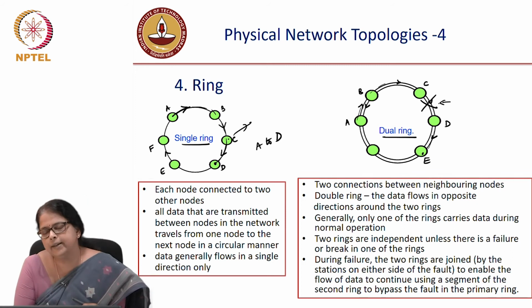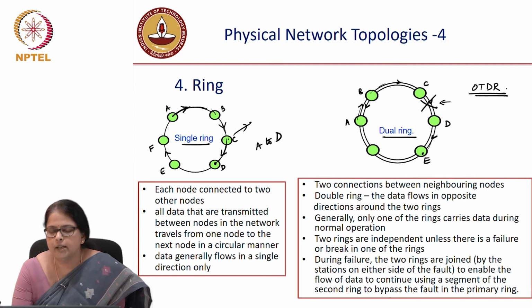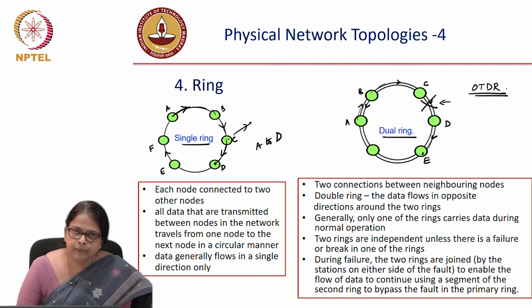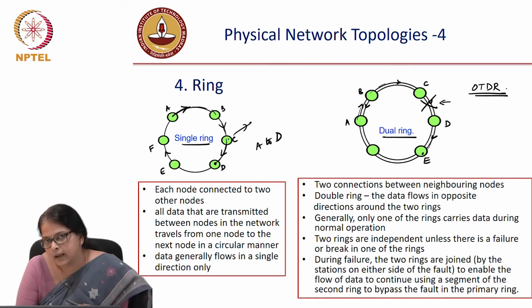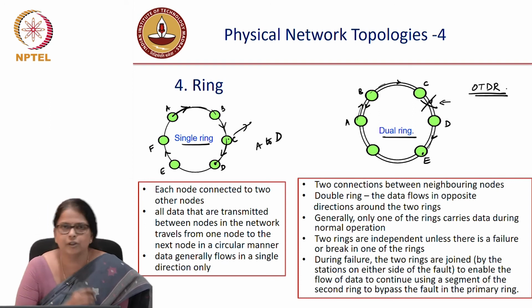Now, how does a node identify there is a failure? You have devices called OTDR. OTDR is optical time domain reflectometer. There are these ranging devices at each node which will keep looking for the health of the network.